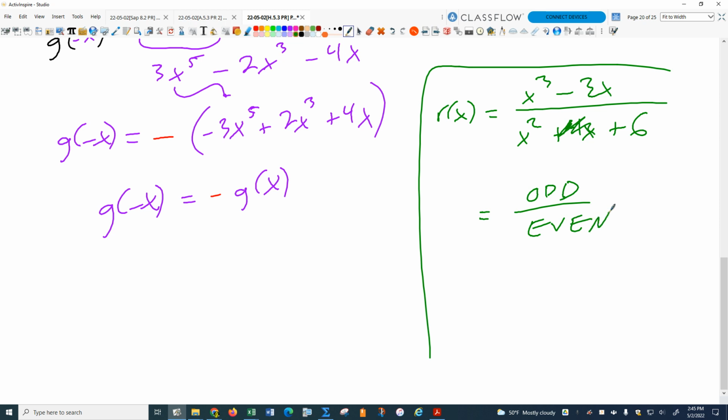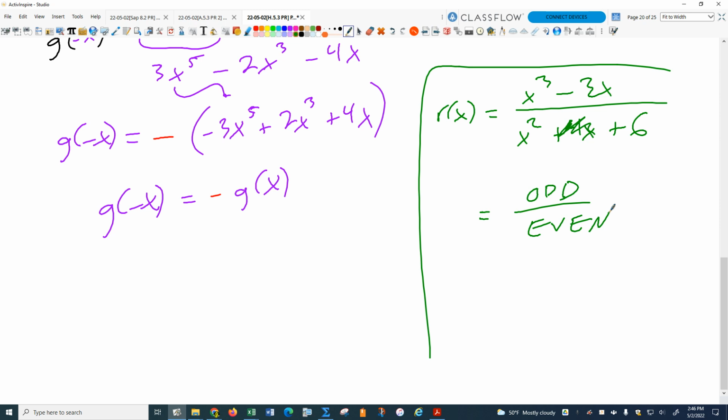What does your intuition tell you you're going to get if you divide an odd symmetry by an even symmetry? There's no way you would know this. I'm just curious, if you made an educated guess here, what would you think? It is one of them, I'll tell you that. It's odd.